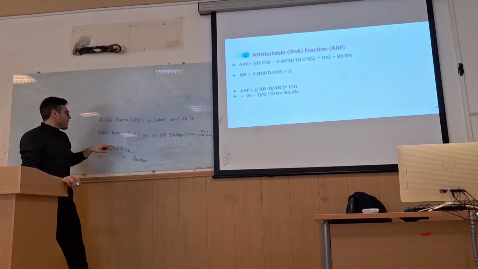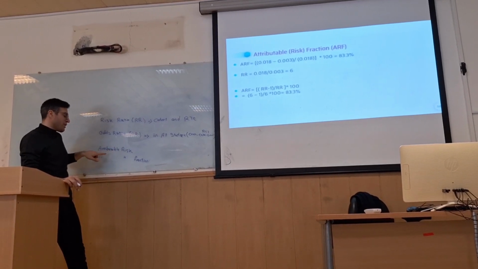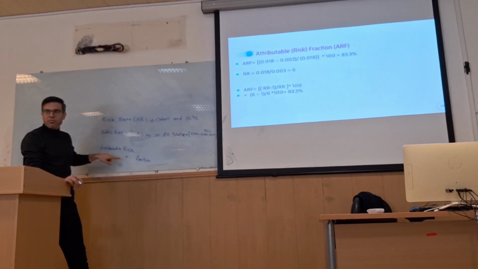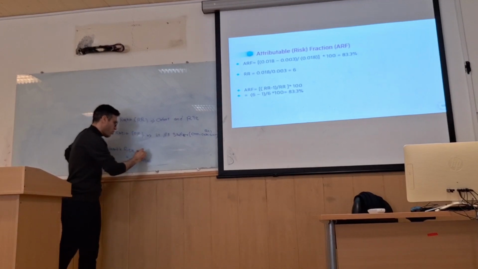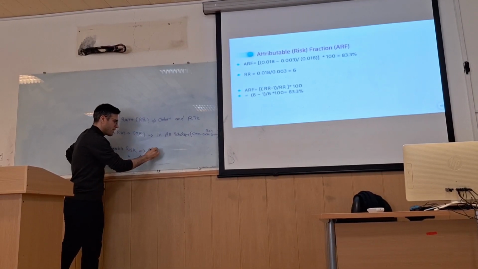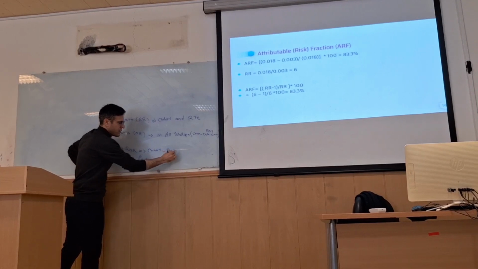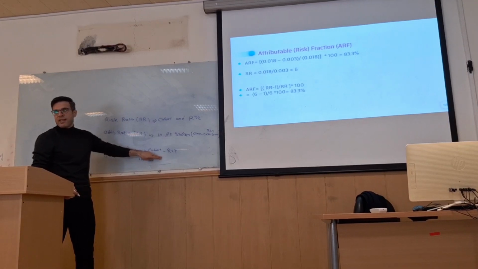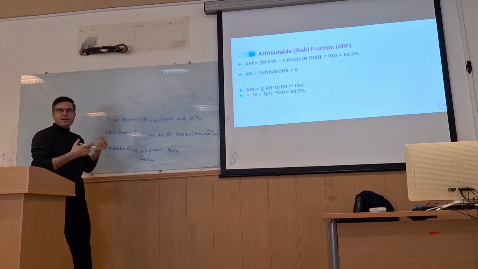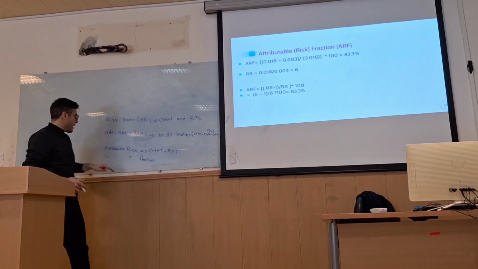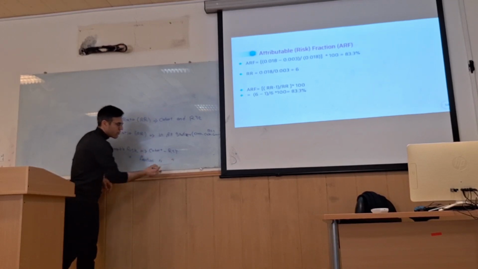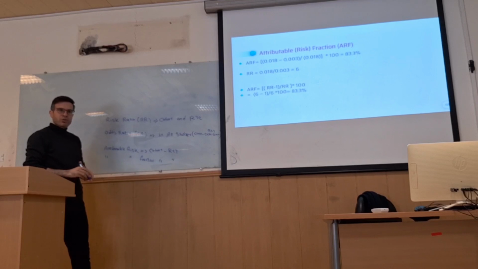Absolute or attributable risk can be calculated from cohort and RCT. Why? Because these kinds of studies can provide us incidence or risk. And attributable risk fraction can also be calculated in cohort and RCT. Okay?